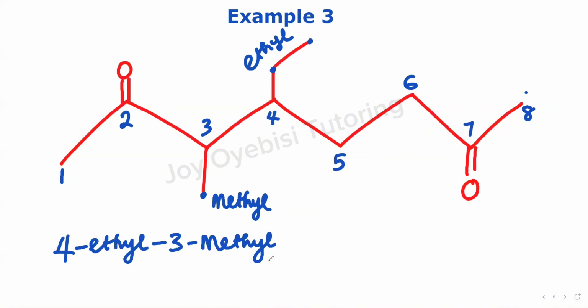And the last part would be the longest continuous chain. 8 is the longest continuous carbon chain, and the prefix for 8 is oct. We're going to say octane in full. This is the case where the E is left intact. Because you have 2 ketone groups, do not remove the E like we did for the other 2 examples.